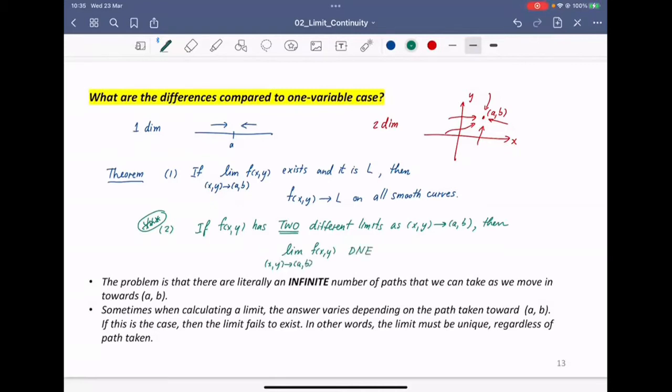We're going to look at an example in a few minutes, but hopefully you understand what I just said: if you find two lines that give you different limits, the limit shouldn't exist, because if it exists, every line is going to give you the same limit.